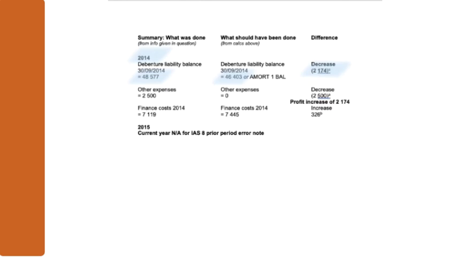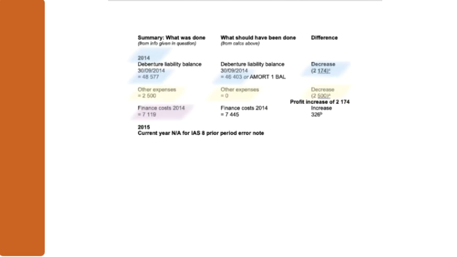What else? What other differences are there? Well, the other expenses, there was 2,500 transaction costs. There should be nothing. So other expenses in 2014 should decrease. There should not be other expenses. What else should be different? The finance cost of 2014, that expense, the interest expense, was calculated as the balance times the market-related rate. The balance was wrong and the market-related rate should have been calculated differently.